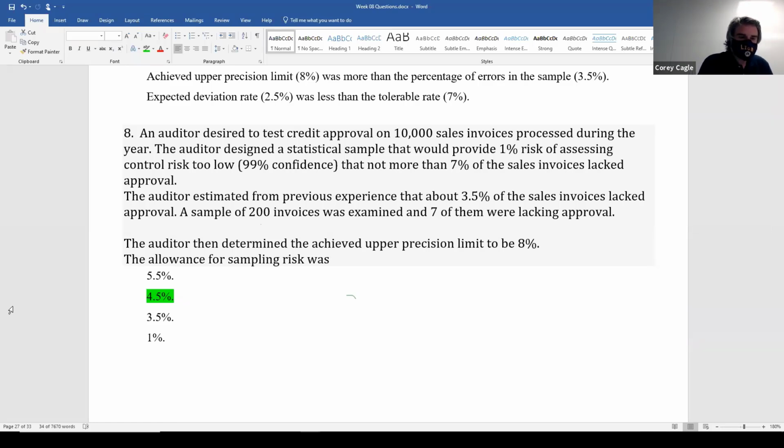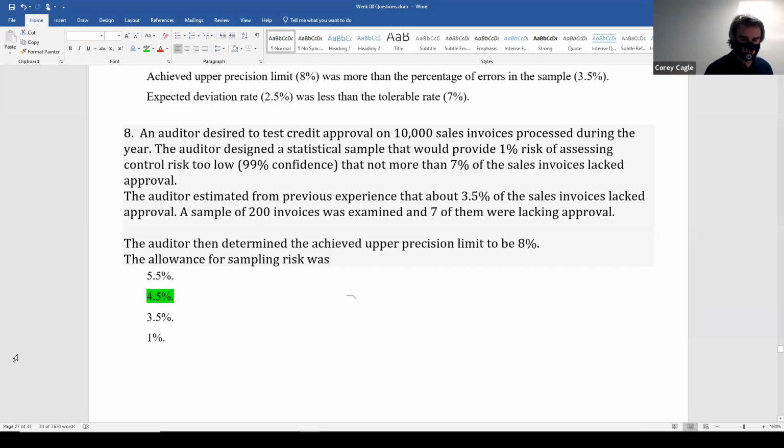The auditor estimated from previous experience that about 3.5% of the sales invoices actually lacked approval. A sample of 200 invoices was examined, and 7 of them were actually lacking approval in their test this year. The auditor then determined that the achieved upper precision limit was 8%. If that's all the case, what was their allowance for sampling risk?